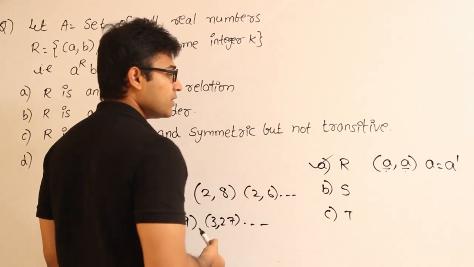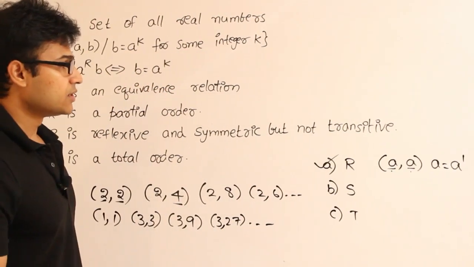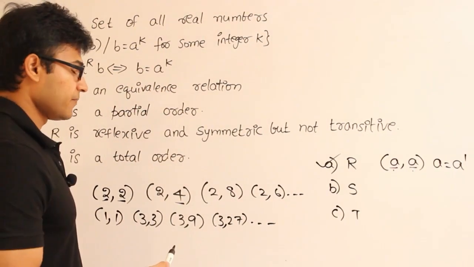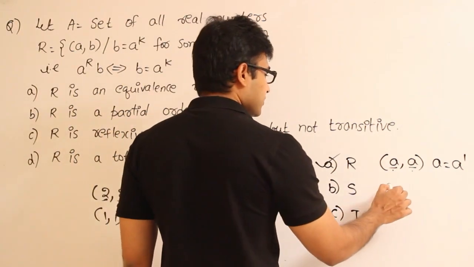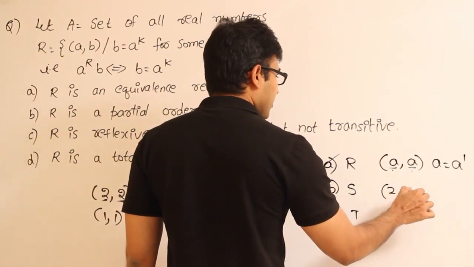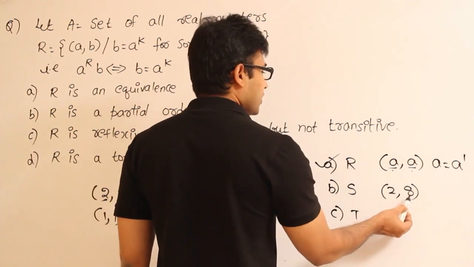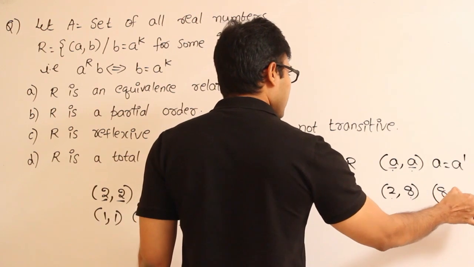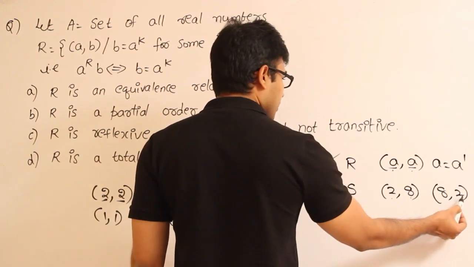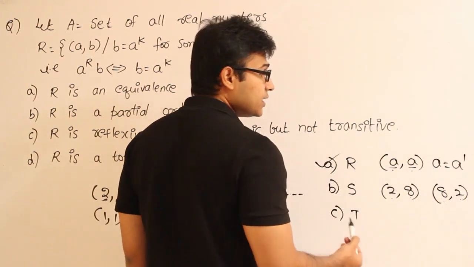Now let's see if the symmetric property is satisfied or not. Definitely the symmetric property will not be satisfied. The reason is we can show that if 2 comma 8 is present, because 8 can be written as 2 power 3, we cannot have 8 comma 2 because we cannot write 2 as 8 power some integer.